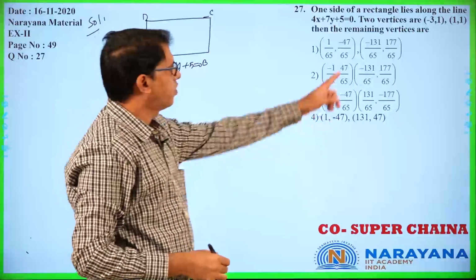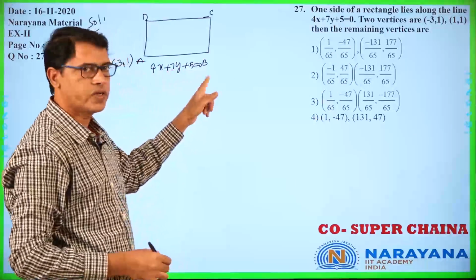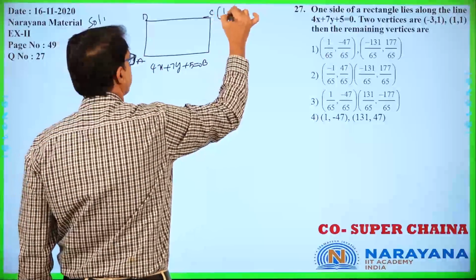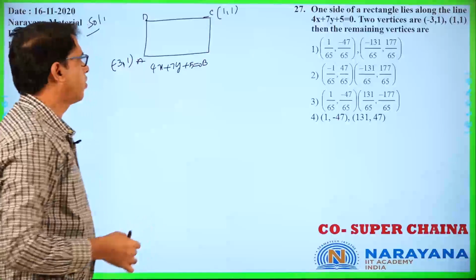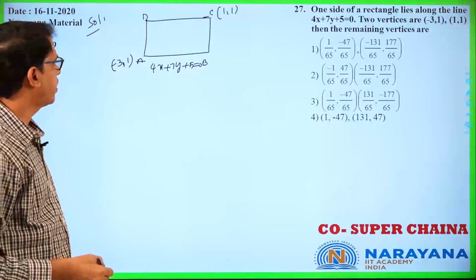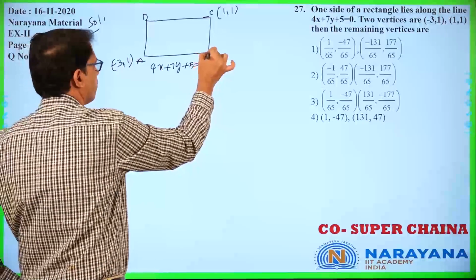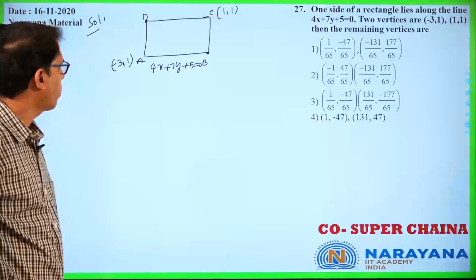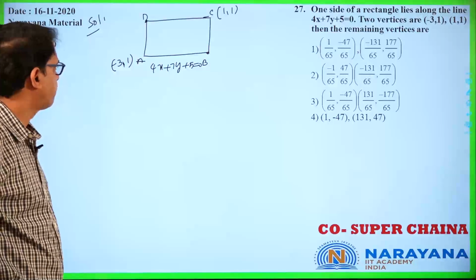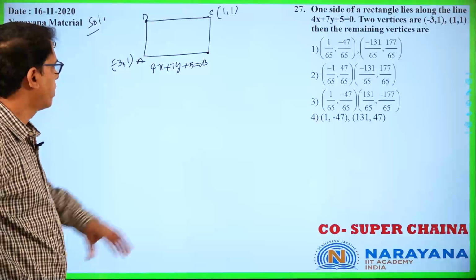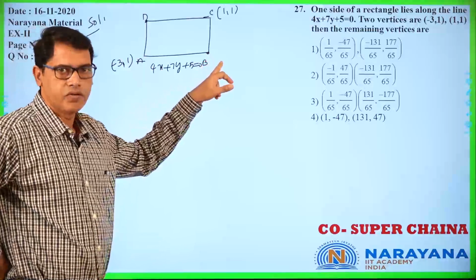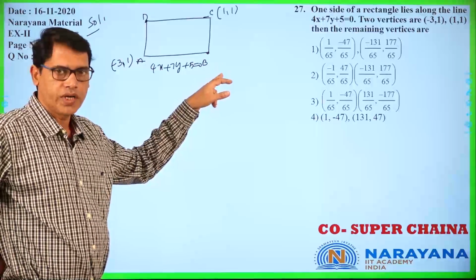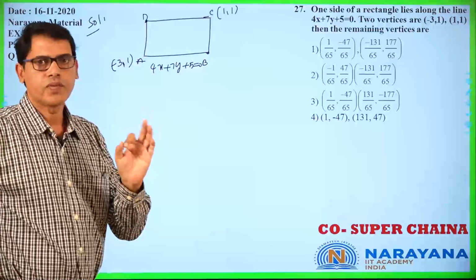Next, 1 comma 1 is not satisfying this. Now we have to find the remaining vertices, which means we have to find the B coordinates and D coordinates, okay? Here, look at the diagram, the B coordinates are nothing but the foot of the perpendicular.